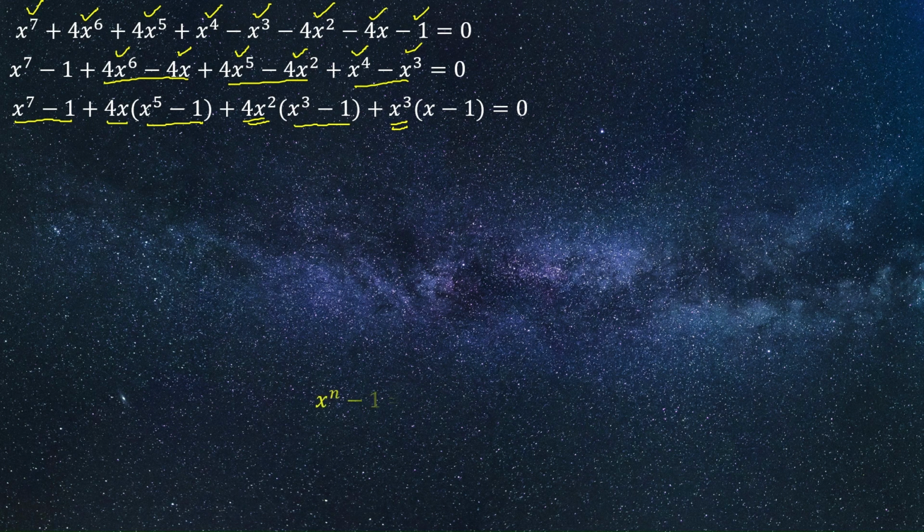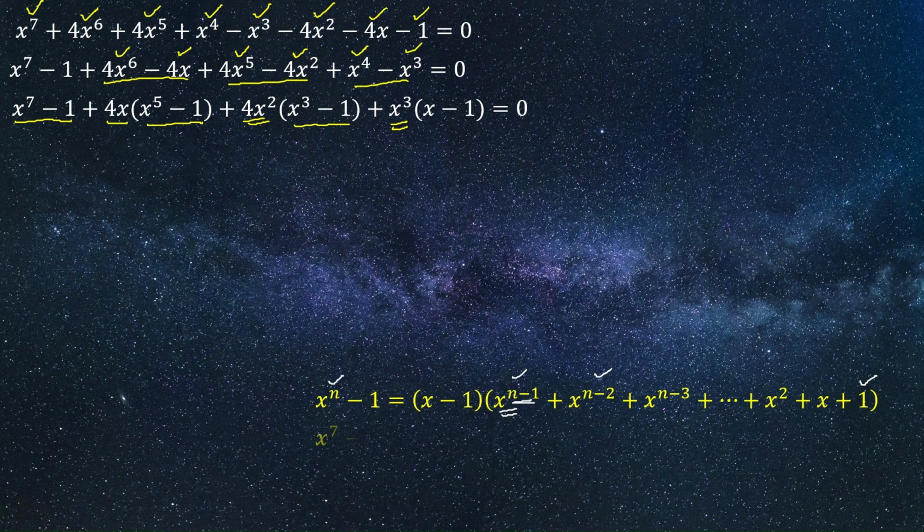For this, we shall make use of the formula x^n - 1 is equal to (x - 1) into (x^(n-1) + x^(n-2) and so on up to 1). Note that in this formula, the variable x has power n, and in the second factor, the power will be reduced by 1 and then it will be gradually decreased by 1.